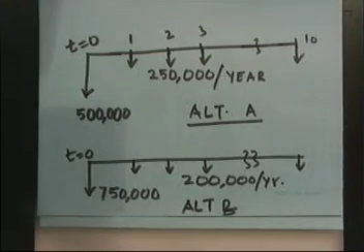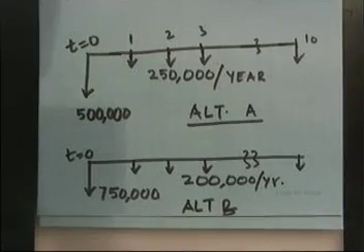You are getting a saving in annual expenses. In first case, that is for alternative A, you are getting an annual expense of rupees 250,000, whereas for alternative B, you are getting an annual expense of rupees 200,000 only.